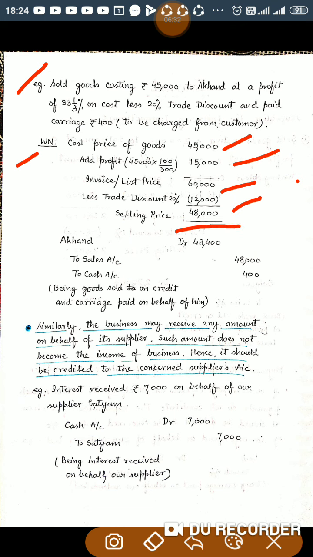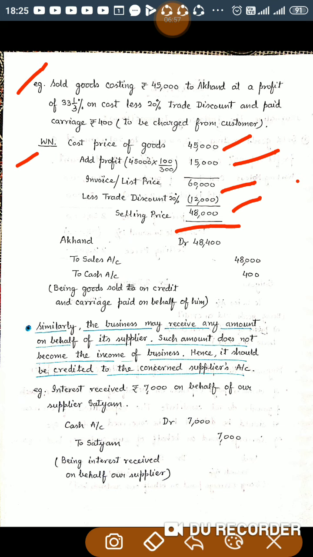So our sale is 48,000 and at the same time we are making payment of 400 as carriage. So Akhand is responsible to pay the business 48,400. If you go through the conventional rule, Akhand is a personal account.